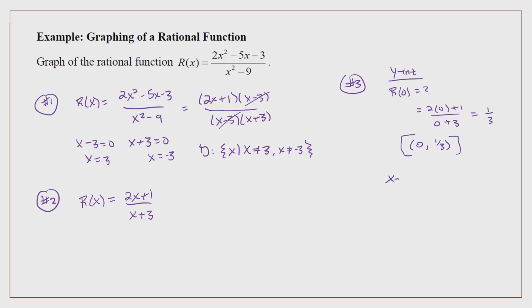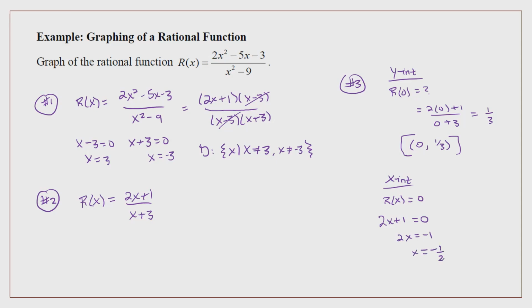For my x-intercept, I'm going to set r of x equal to 0. In setting r of x equal to 0, I then set my numerator to 0 and solve for x. So I have 2x equals -1.